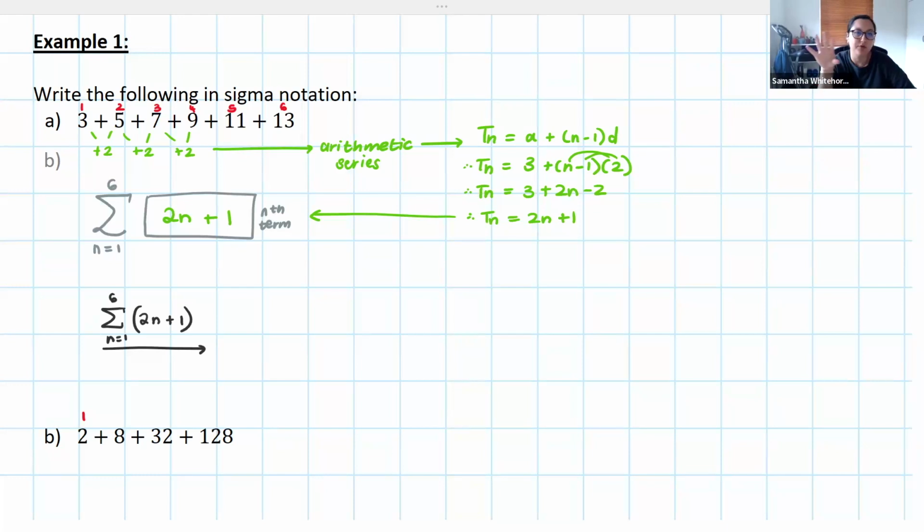Remember, all I want from you is just write it out in sigma. I don't actually want the sum. I just want to know what the sigma notation would be here.